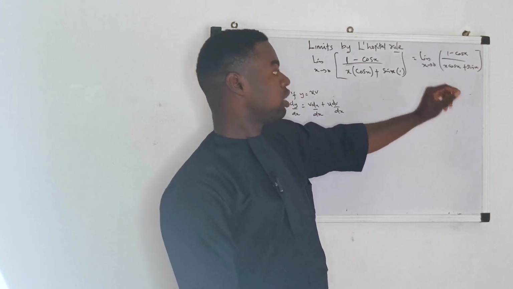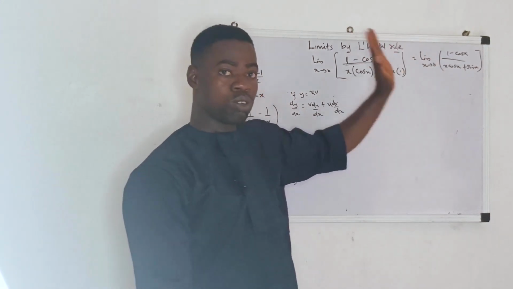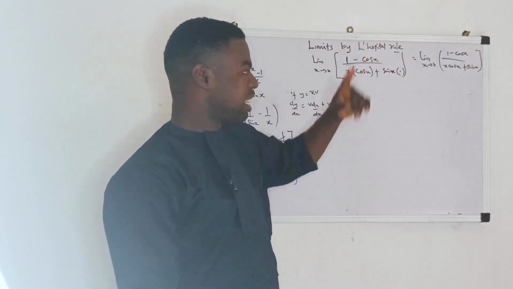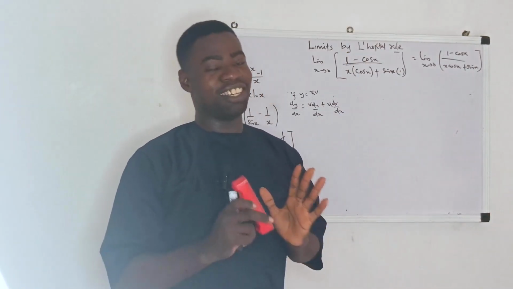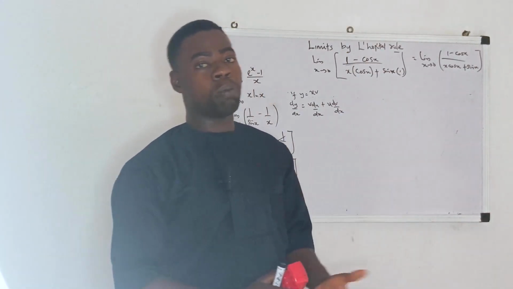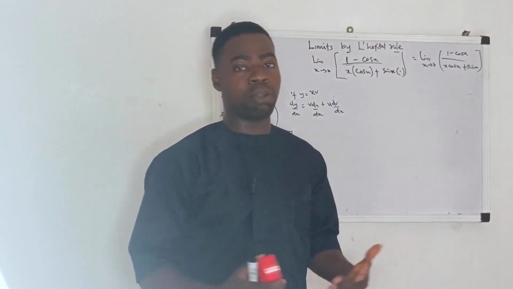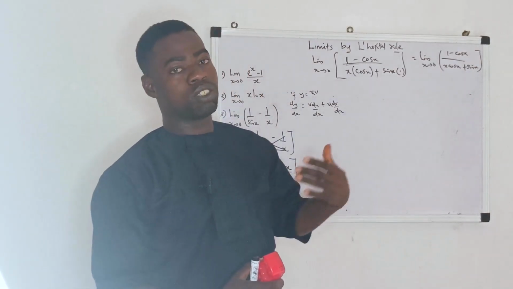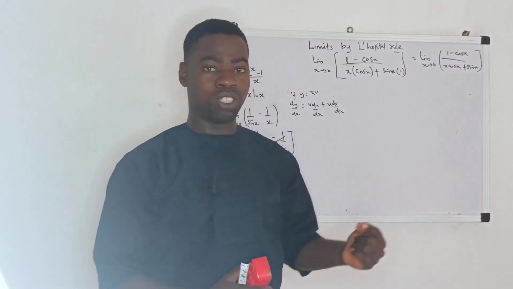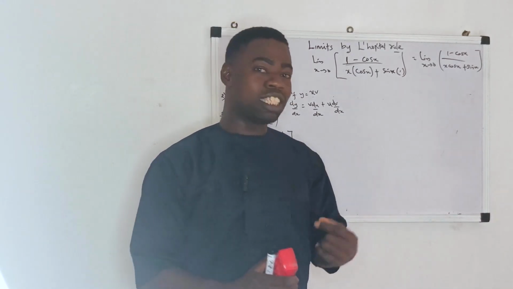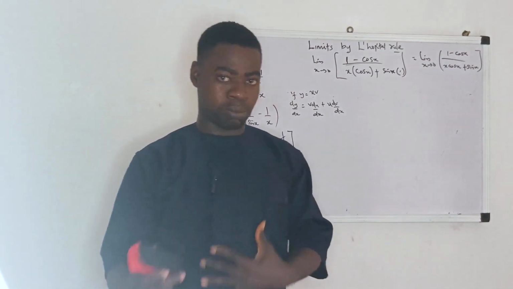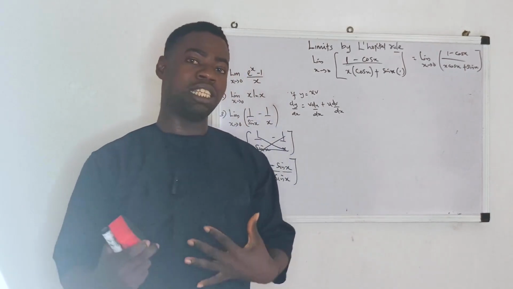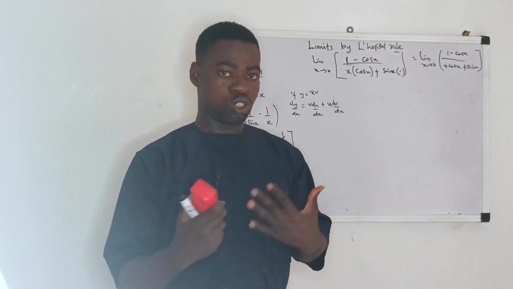So I'm still having the indeterminate form of 0 divided by 0. I need to go over it again with L'Hopital rule. The L'Hopital rule does not mean that it's a one-time thing. No, you have to keep on with the process. The process has to be repeated till the point where you get your expected results, something that can easily be handled by direct substitution.